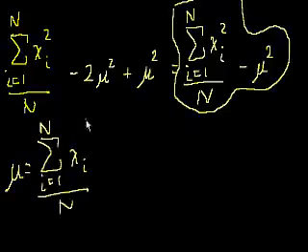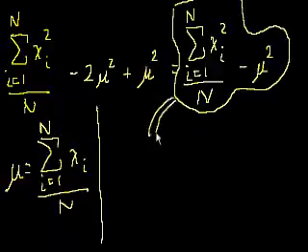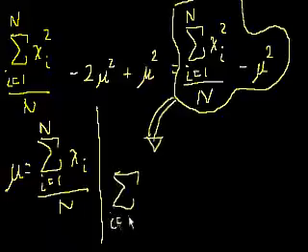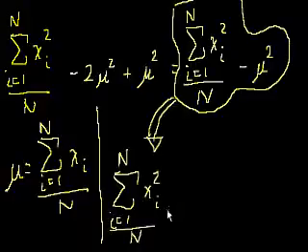You just take the sum of each of the terms, and you divide by the number of terms there are, right? So if we look at this, let me draw a line here. This thing can be written as the sum from i equals 1 to n of x sub i squared, all of that over n, minus mu squared. Well, mu is this.